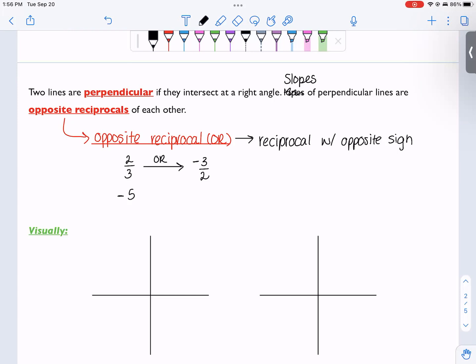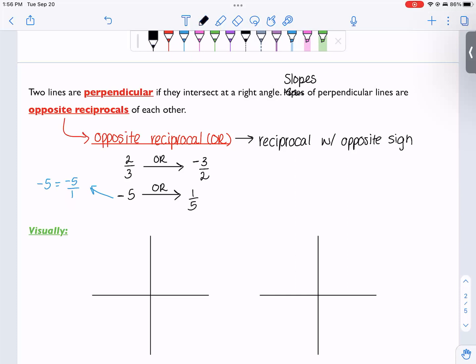If we have -5, which doesn't appear to be a fraction, it still is. Anything is a fraction if we want it to be. -5 is the same thing as -5 divided by 1. So for the opposite reciprocal, we'll make it positive to change the sign, and then flipping 5 over 1, you get 1 over 5.